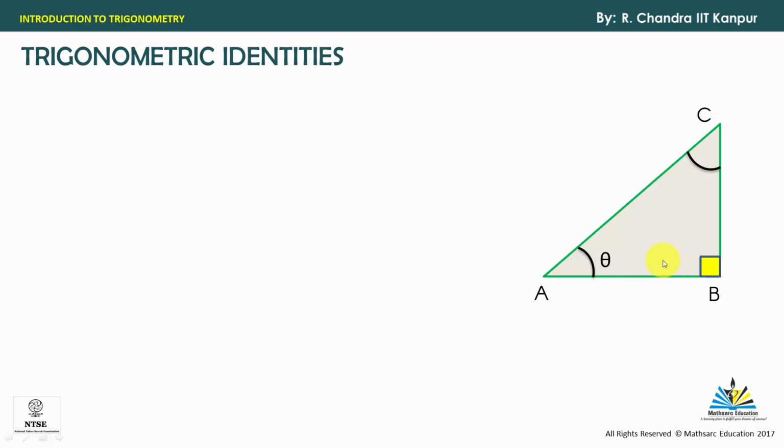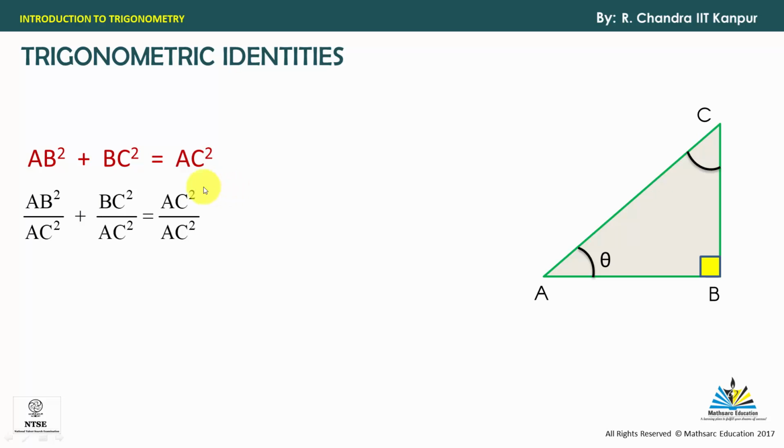Consider a triangle ABC as shown here, and angle A is denoted by angle theta. Now since ABC is a right angle triangle, we can apply Pythagoras theorem: AB square plus BC square is equal to hypotenuse square. Now if we divide this by AC square, this implies (AB upon AC) whole square plus (BC upon AC) whole square is equal to 1.